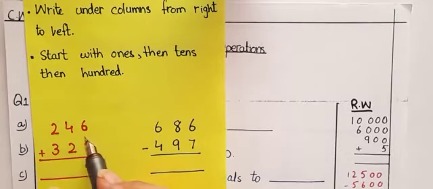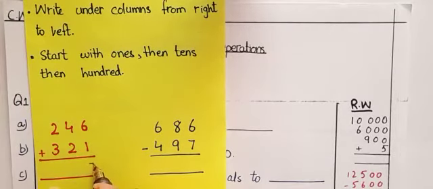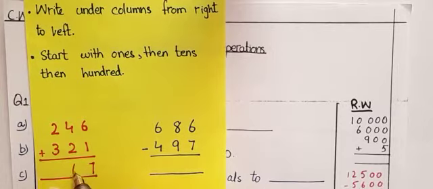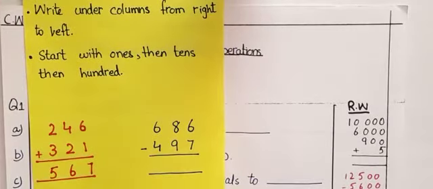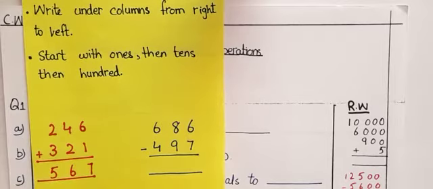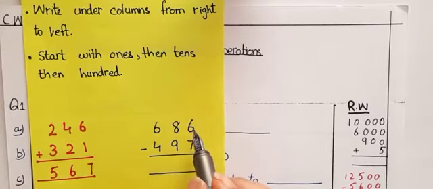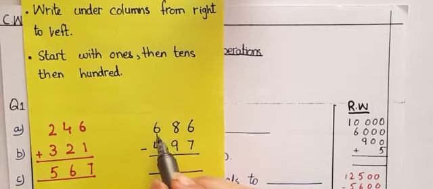So now we are going to add: 6 plus 1 is 7, 4 plus 2 is 6, 3 plus 2 is 5. That's very easy. We have added two numbers, 246 and 321, and our answer is 567.